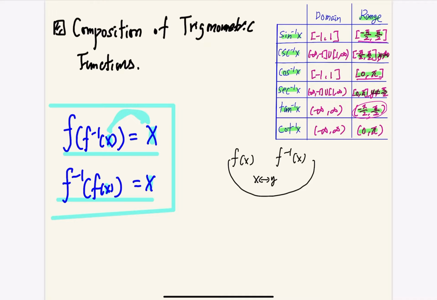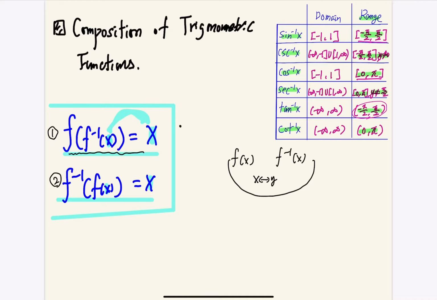So in trigonometric functions, we can use these rules, but there is a restriction. Let's say this is the first composition rule, and the second one is the second composition rule.